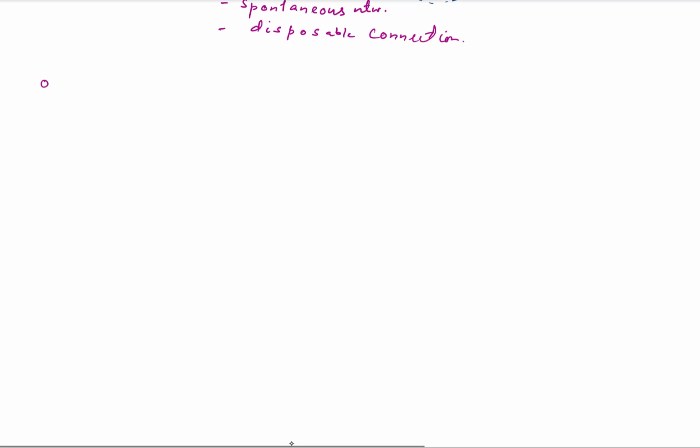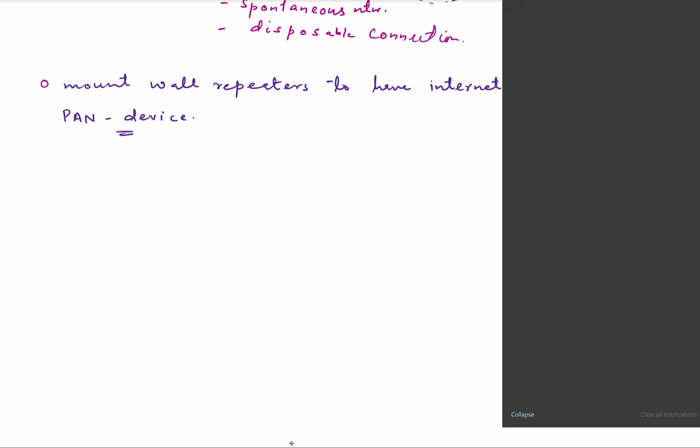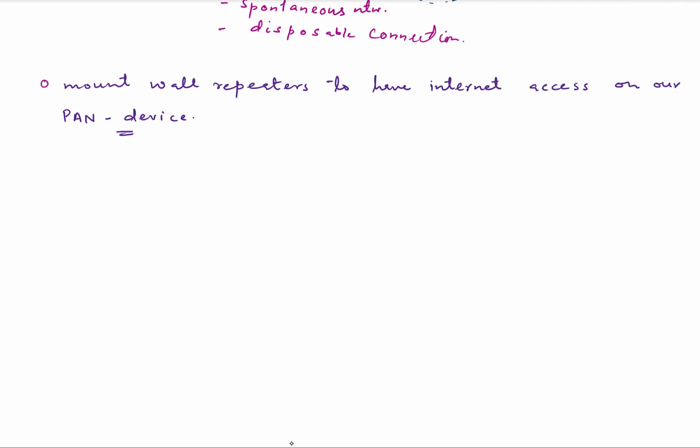We have to mount wall repeaters to have internet access on our PAN device. These devices have a short range and they can be connected to the wall repeaters, and then the wall repeaters are further connected to the internet.